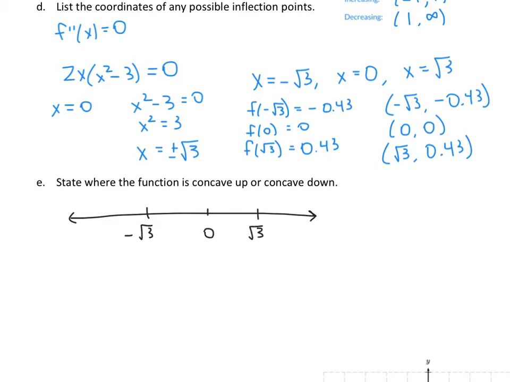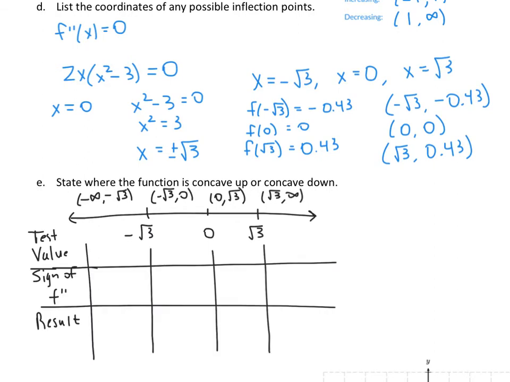This is going to divide our number line up into 4 intervals: negative infinity to negative square root of 3, negative square root of 3 to 0, 0 to positive square root of 3, and then square root of 3 to infinity.